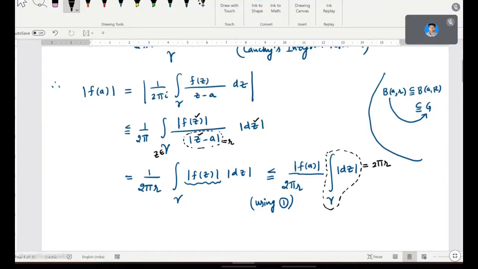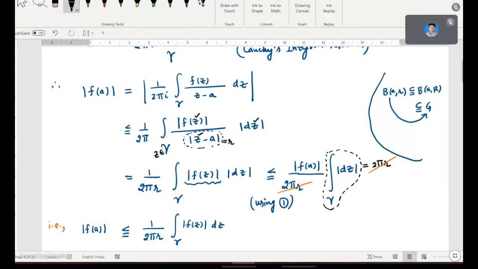So class, it means what? Now this 2 pi r gets cancelled with this 2 pi r. So let me conclude this above discussion. Actually I have shown you that mod of f(a) is less than or equal to 1 upon 2 pi r, integral over gamma of mod of f(z) mod of dz.